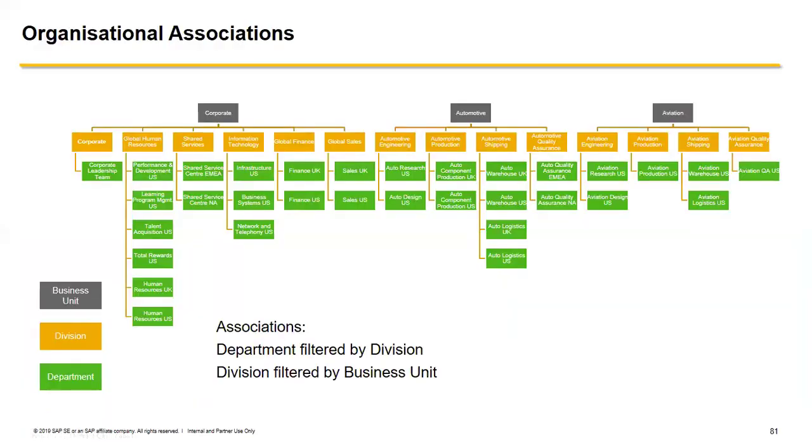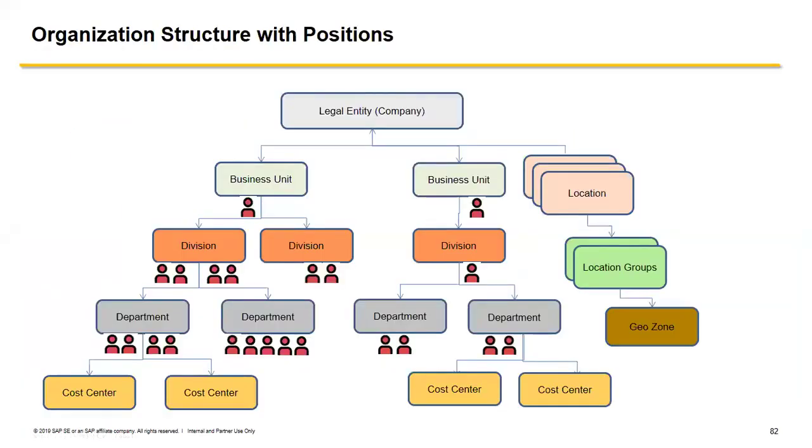So once you create all of the org structure elements, you will see the org structure like this. The highest entity would be your company, which is the legal entity. Under company, you can have business unit. Under business unit, you can have divisions. Under divisions, you can have departments, and under departments, you can have cost centers. This is how we'll be creating the org structure.